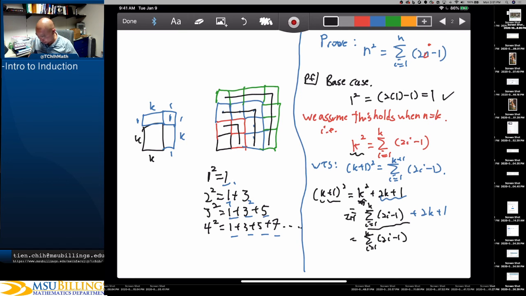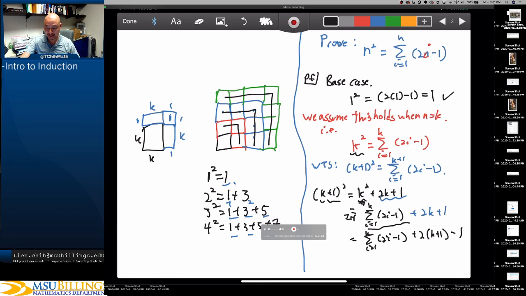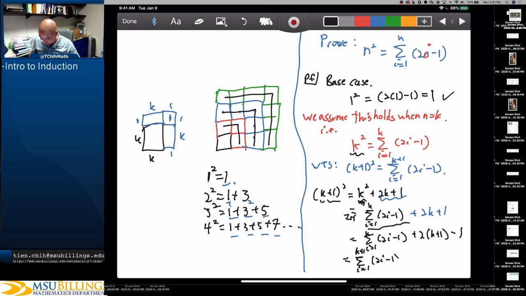Well, 2k plus 1 is 2k plus 1 minus 1. We're writing it this way so that it fits the form of the summation here, so I can rewrite this whole thing as the sum from i equals 1 through k plus 1 of 2i minus 1.